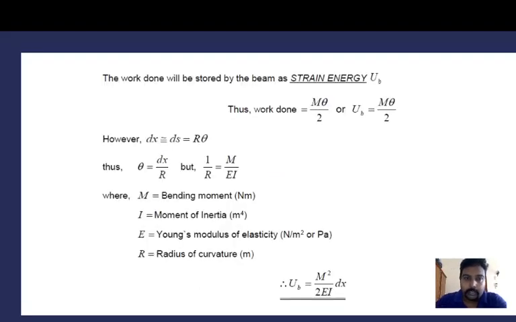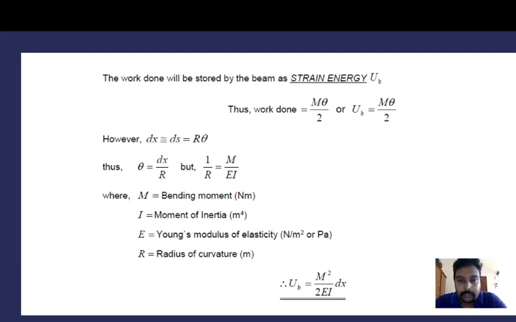So dx is equal to ds, which is R theta. Thus taking theta to one side, theta is dx divided by R. But you can write 1 over R is equal to M divided by EI, where M is the bending moment, I is the moment of inertia, E is the Young's modulus of elasticity, and R is the radius of curvature.